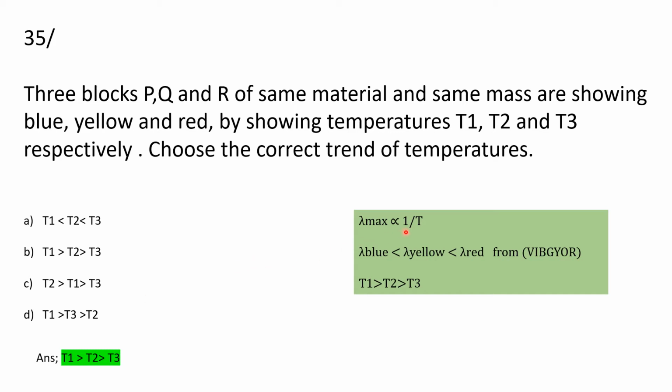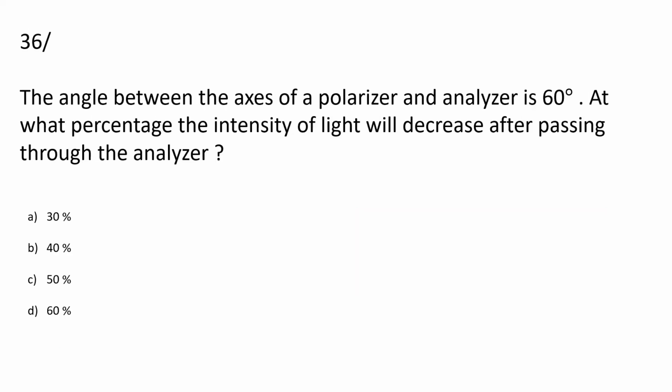We know that lambda max is proportional to 1 by T, that is, lambda max is inversely proportional to temperature. Again we know that the wavelength of blue is smaller than yellow, which is smaller than red. So we can find from here that T1 will be greater than T2, which is greater than T3. So the correct answer is option B, that is, T1 is greater than T2 is greater than T3.